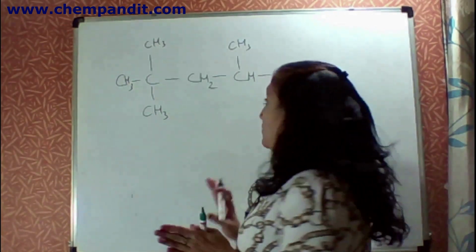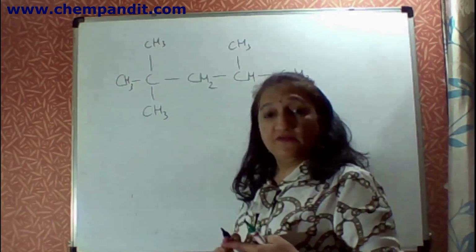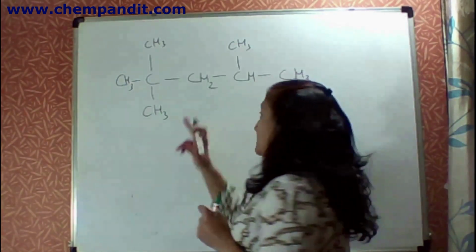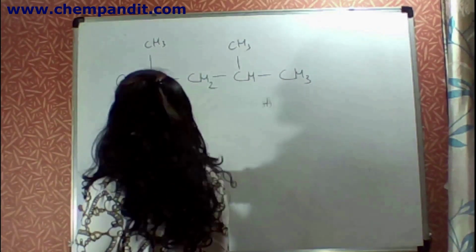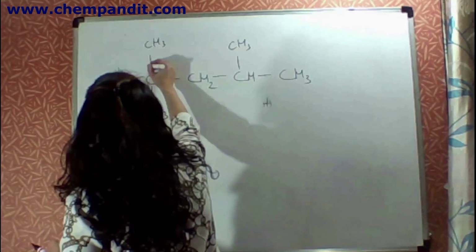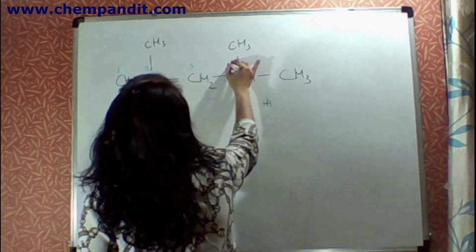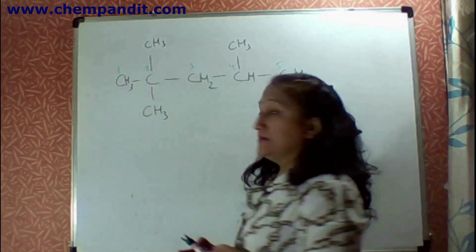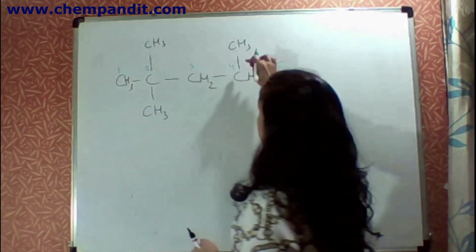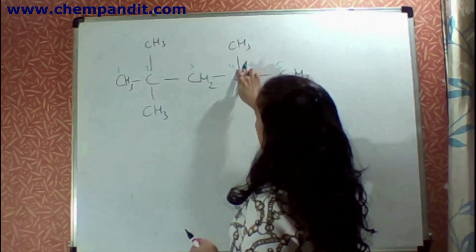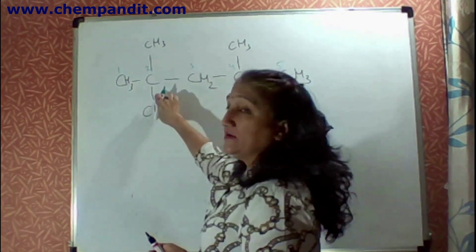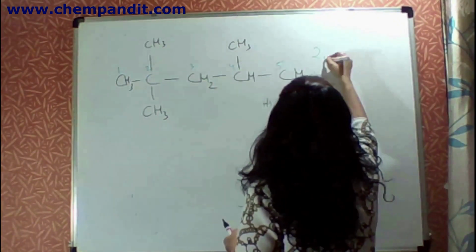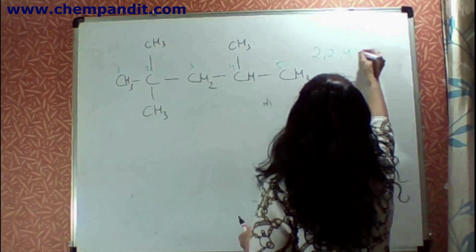Clear? Now in this also we will follow the sum rule. What is sum rule? First let's count the carbon atoms from left to right. 1, 2, 3, 4, 5. In this case, methyl group is falling on position 4 and 2 are falling on position 2. So we will write 2 times 2, 4.